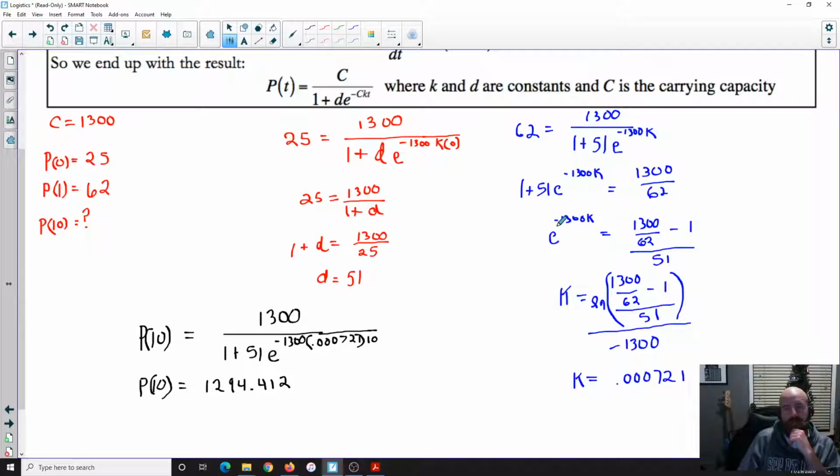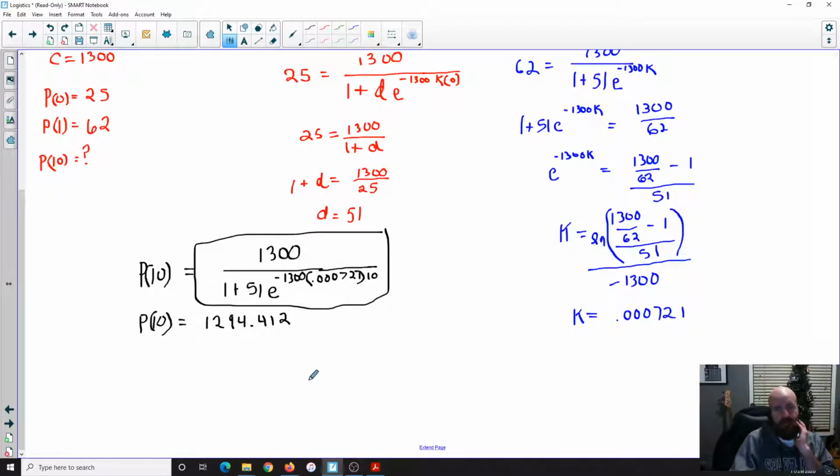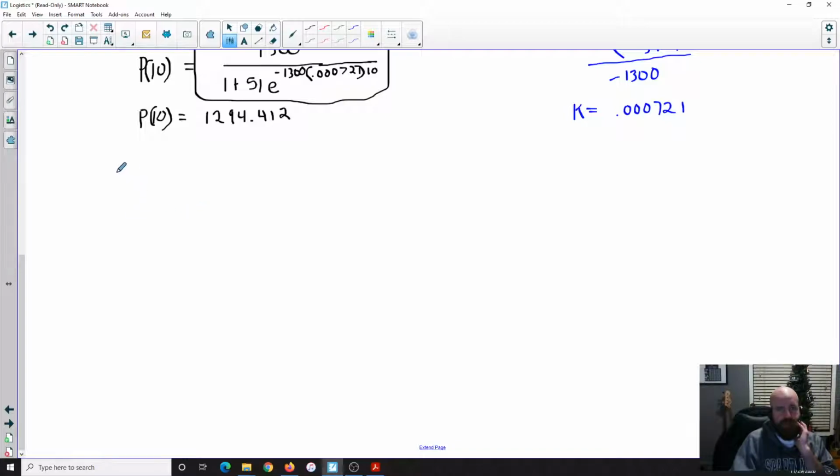So plugging in our differential equation with our C and our D and our k put in, with x or t, whatever you want to do, if we were to graph that, it's going to look something like this.